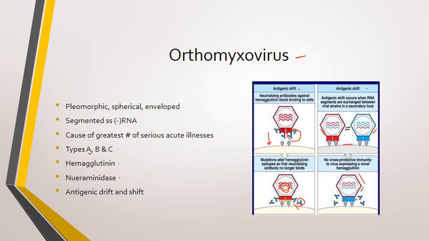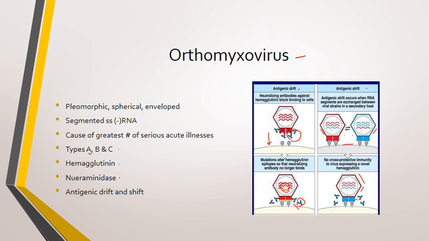Now there are two terms that you need to understand because they specifically guide our thinking in the epidemiology of flu disease, influenza disease. And those are antigenic drift and antigenic shift. These are two things that affect the evolution of this particular virus.